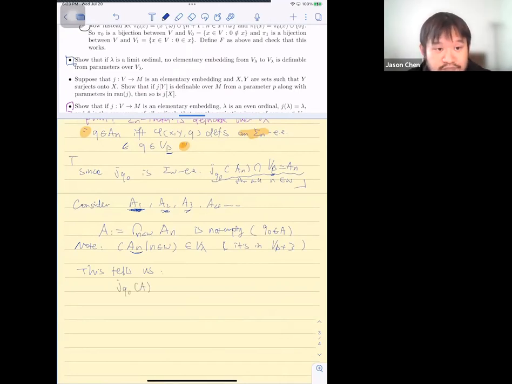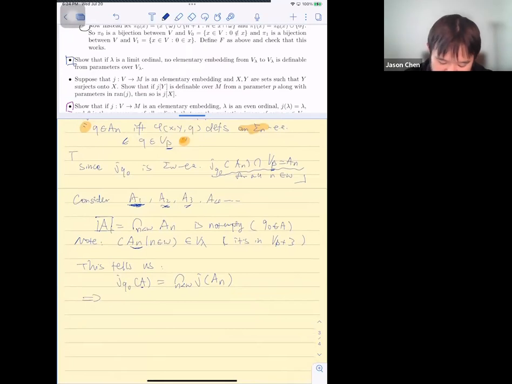of A, again, this is the property that I want that Q0 is going to have. That's going to be preserved under the embedding. So what do I mean? If you apply JQ0 to the sequence A, by elementarity, that's going to be equal to the intersection for n less than omega of J of the ANs. This is just by elementarity, and also we observe that A is in V lambda, so it's in the domain of JQ0.